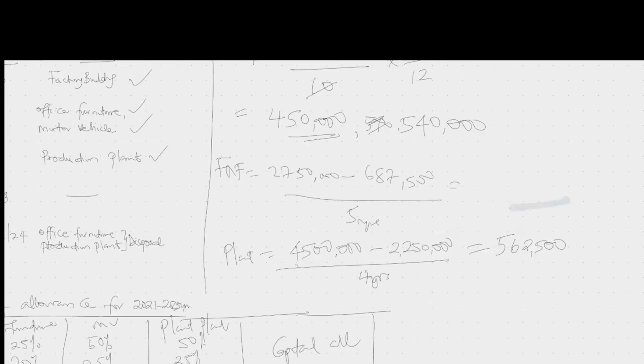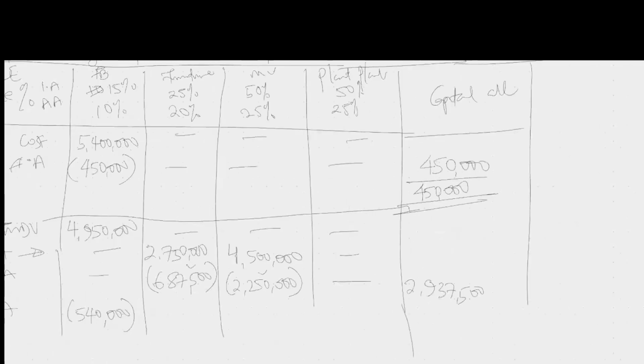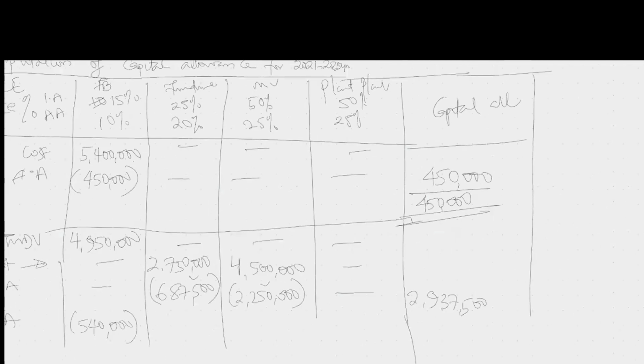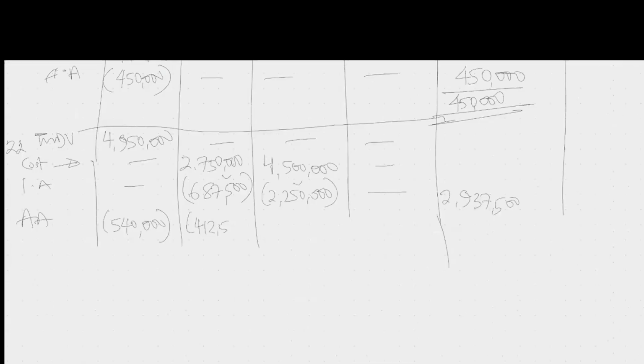So we take that, look at our computation. The first one, 412,500. The second one is 562,500.